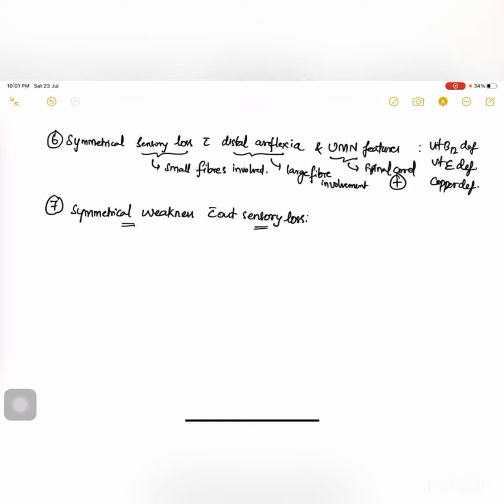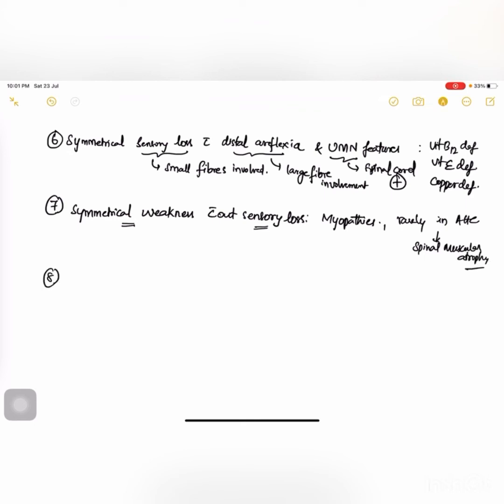So this condition we see in myopathies, and rarely in anterior horn cell involvement, that is spinal muscular atrophy. We see this type of pattern.